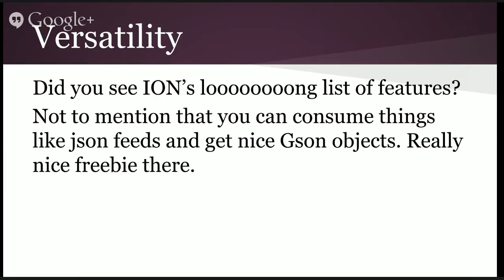Volley is more designed to be your back end request layer, which as a bonus gives you this networked image facility to download your images, but it doesn't go much beyond that. With Ion, you get that plus some really nice features for dealing with the images. So Ion is great in terms of versatility.